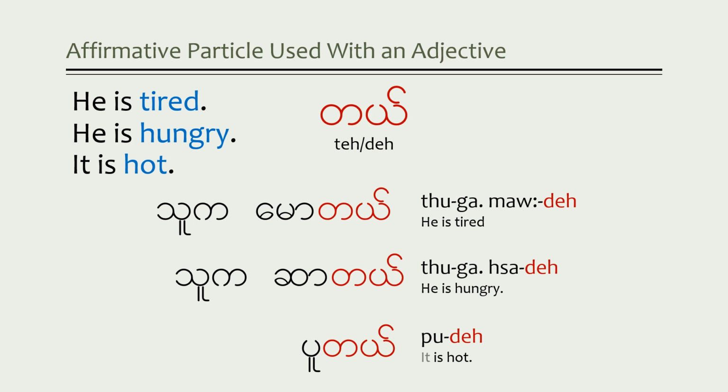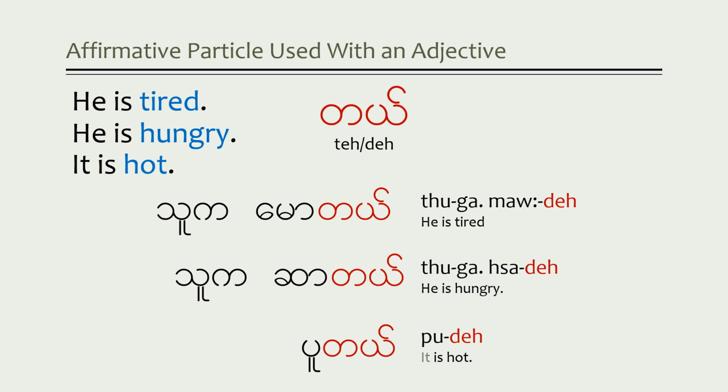There is no word for to be or is in these sentences, and that's because adjectives are handled the same way as verbs. In fact, the definition for the root word, like mo for tired, is really to be tired. So just like a verb, it includes the to be meaning, or in all of these examples, is.